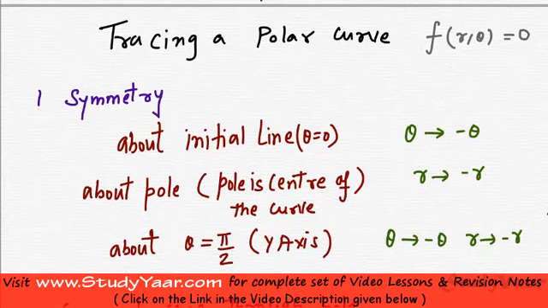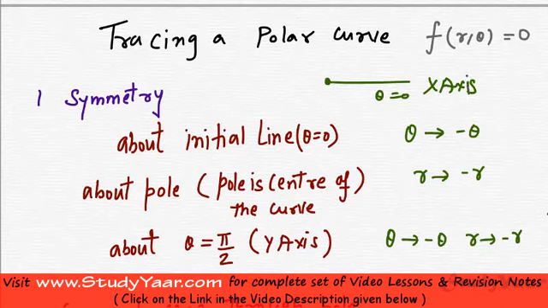The first point we are looking at is symmetry. If you replace theta with minus theta and your original equation remains as it is, then you have symmetry about the initial line. The initial line is theta equal to 0. If this is your pole, then this is the initial line, theta equal to 0, or in other words this is your x-axis.